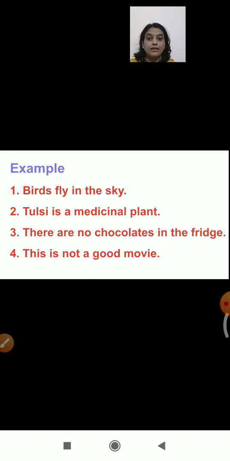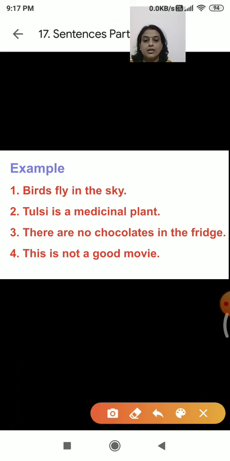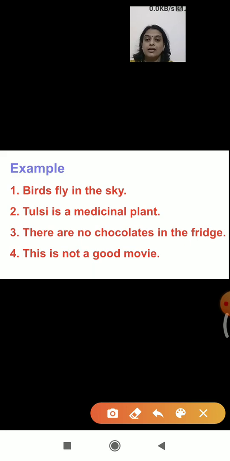The third one, there are no chocolates in the fridge. And the fourth, this is not a good movie. So here you can see no words are used here. Can you see? There are no chocolates. No, right? In the fridge. And the fourth one, this is not a good movie.